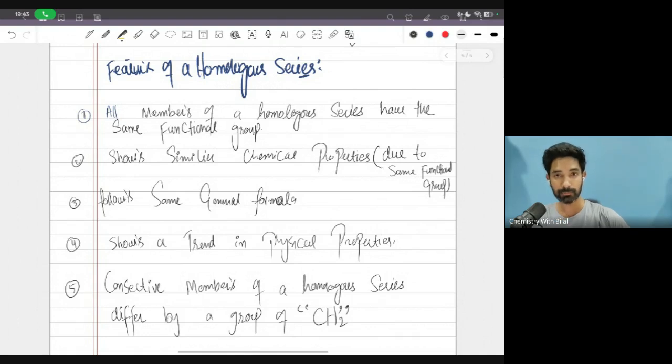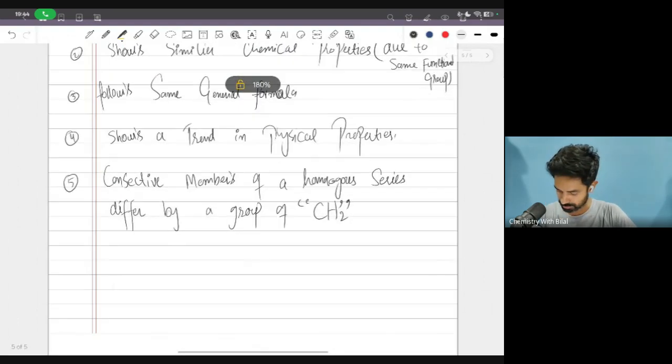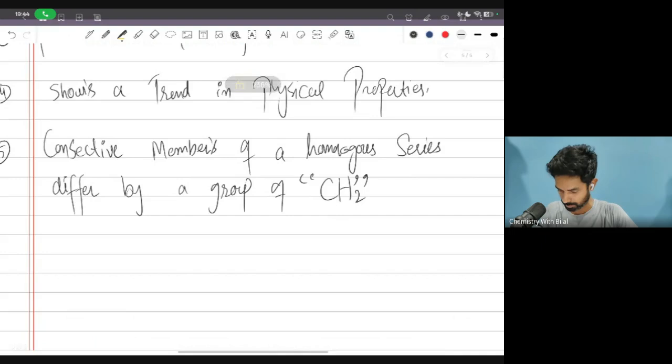Due to the same functional group, all members show similar chemical properties. All members follow a formula that is called general formula. They show a trend in their physical properties, and the consecutive members of a homologous series differ by a group CH2. इसका मतलब क्या अभी आपको समझ आ जाएगा.